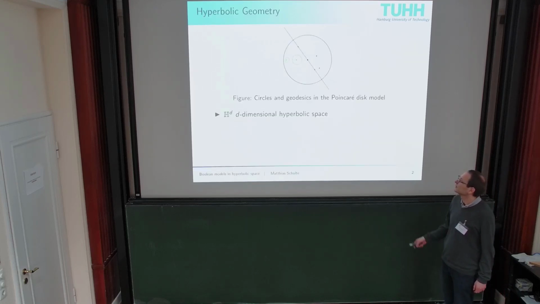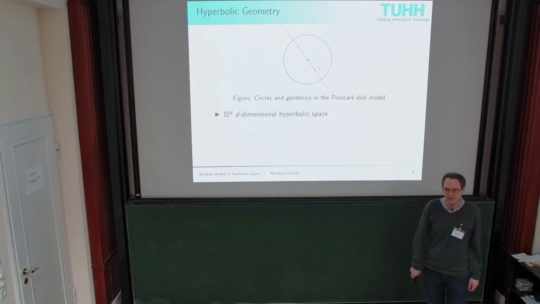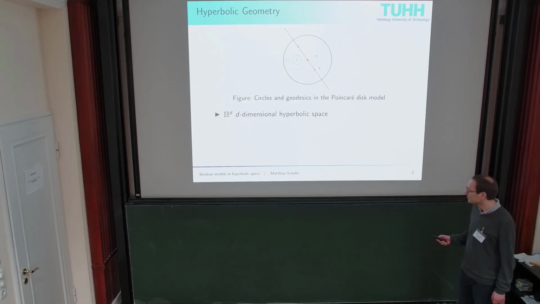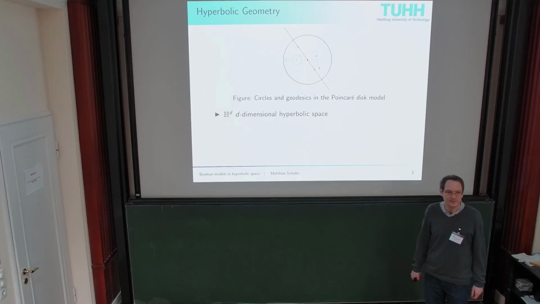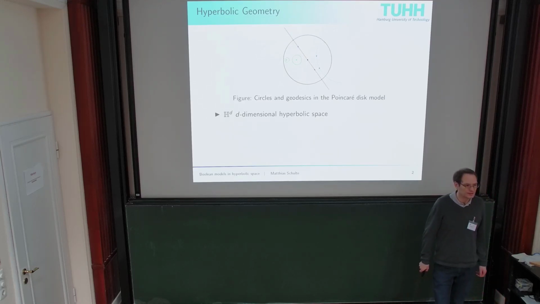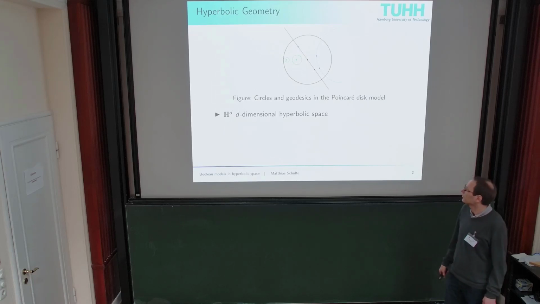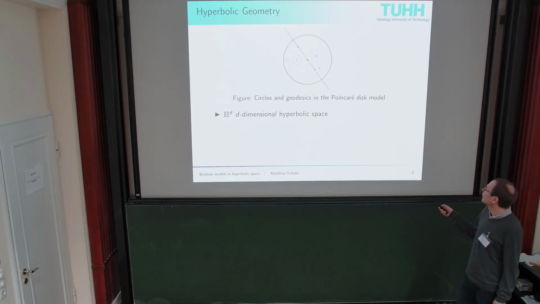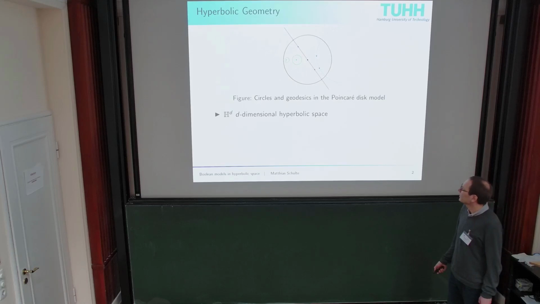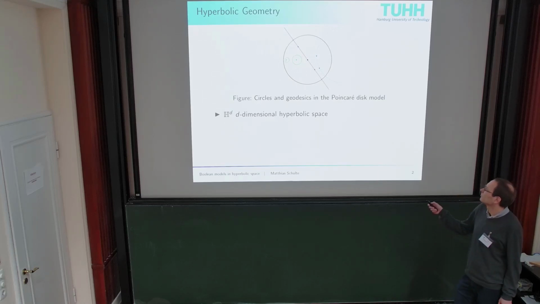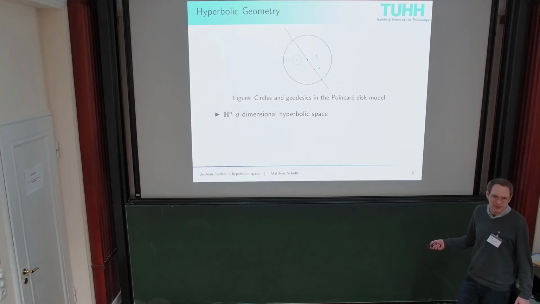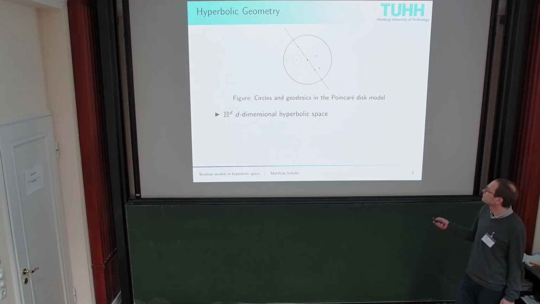So let me start my talk with some facts about hyperbolic geometry. So let us start with the picture here. Whenever I show you pictures, I use the Poincaré disk model of hyperbolic space. The Poincaré disk model is a two-dimensional model, for two-dimensional hyperbolic space, but there's a more general Poincaré ball model.